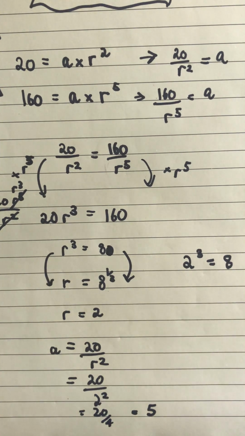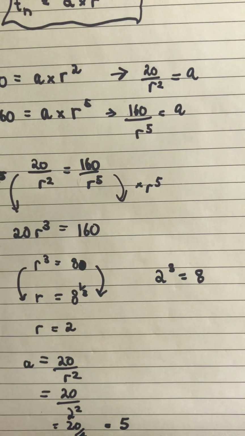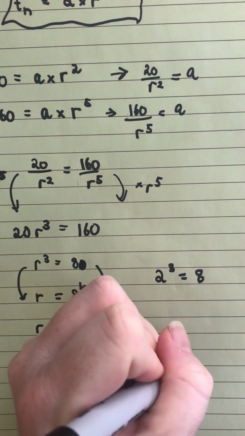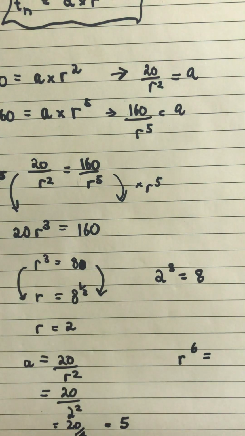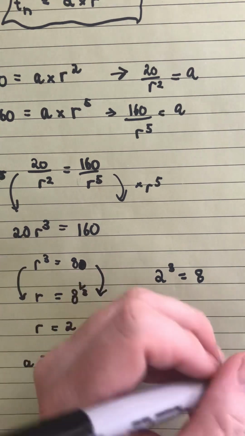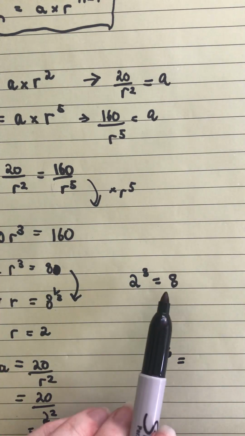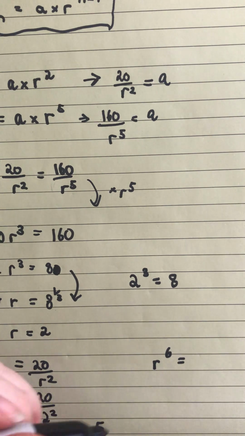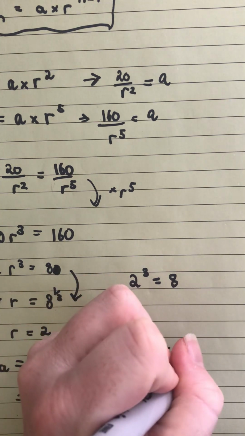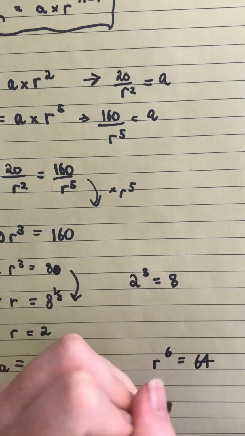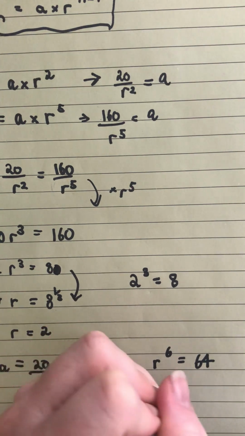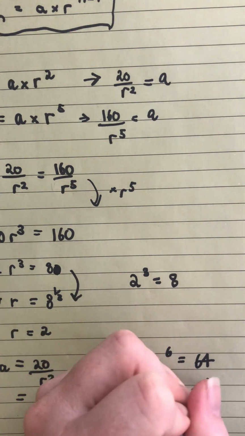Just remembering, if you're trying to undo an operation, so if you had, say, R to the power of 6 was equal to, I'm just picking a number here, 64, then I would do R is equal to 64 to the power of 1 over 6.